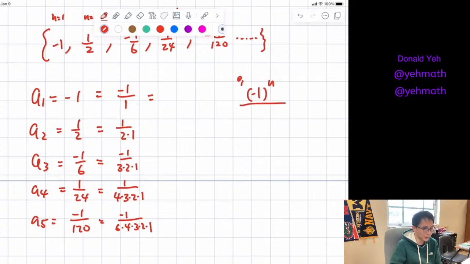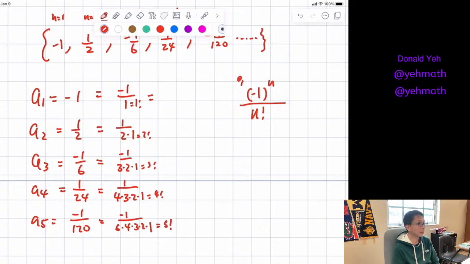And on the bottom, it's going to be what? n factorial. Because 1 factorial is going to be 1. This is equal to 1 factorial, this is 2 factorial, this is 3 factorial, this is 4 factorial, and that's 5 factorial.